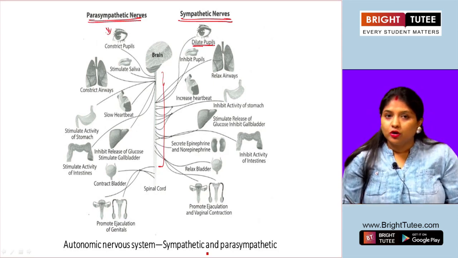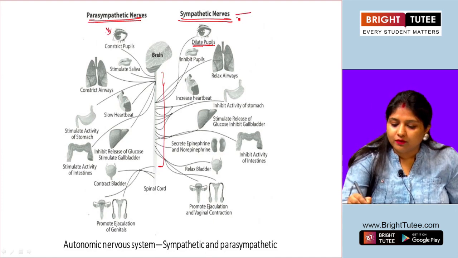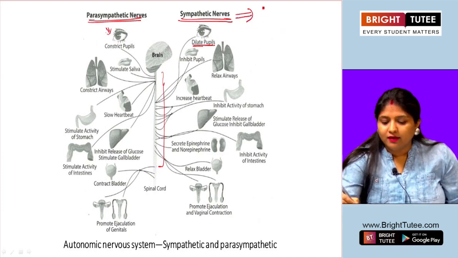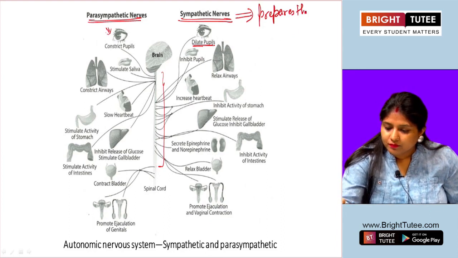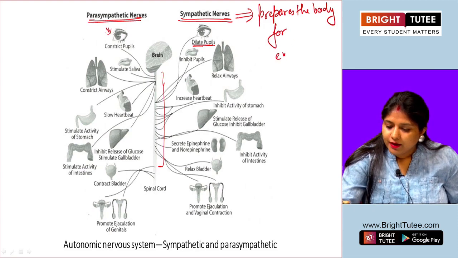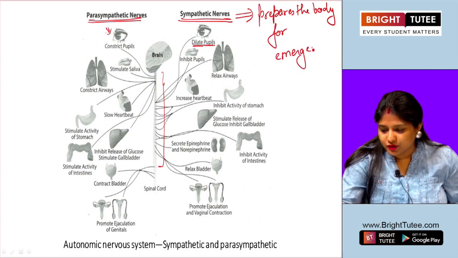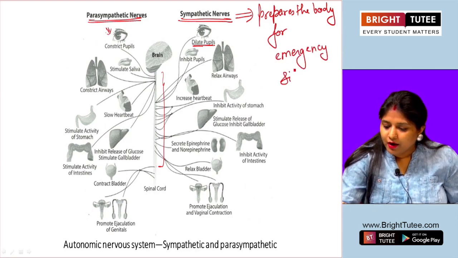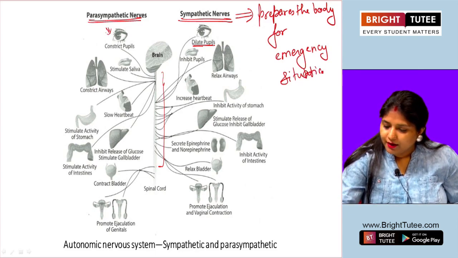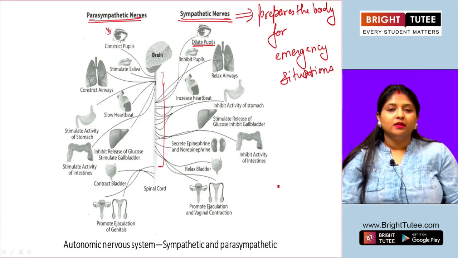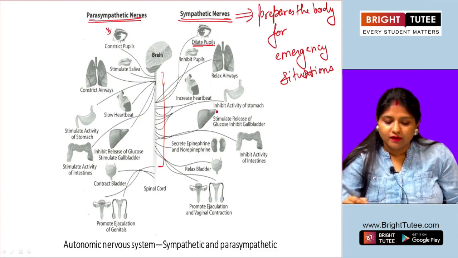Now here it is important to understand that sympathetic nerves prepare the body for emergency situations. If you look at what the sympathetic nervous system is doing, you will be able to understand.